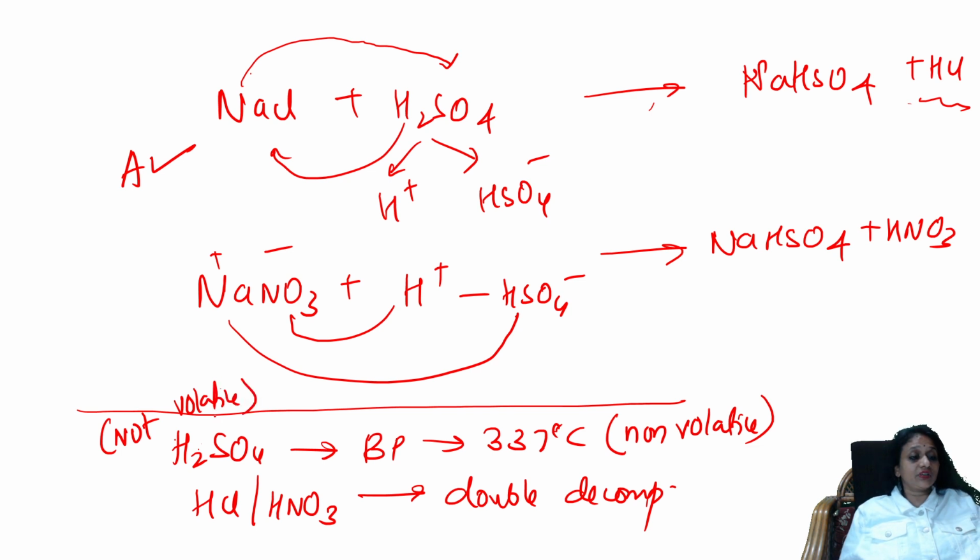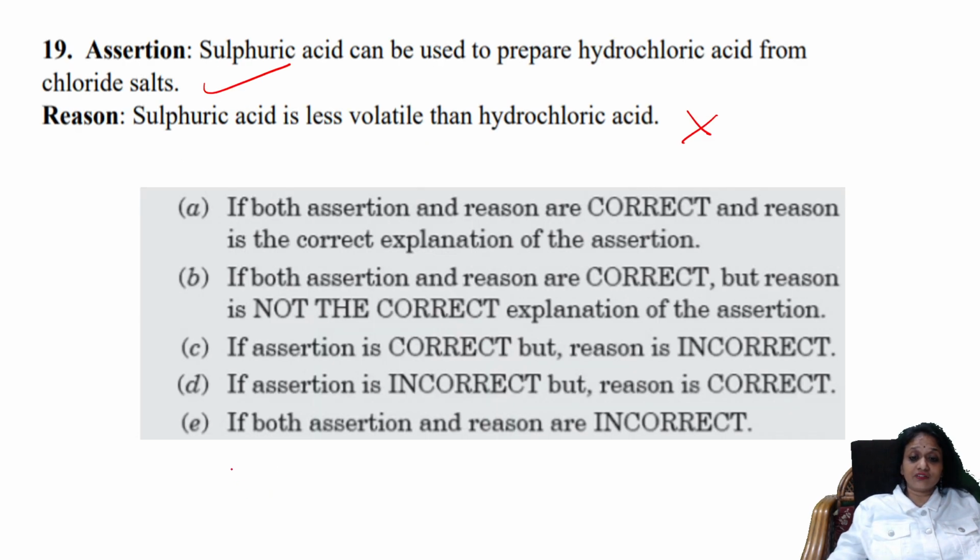They are talking about sulfuric acid being less volatile than hydrochloric acid, so basically this is also right. Sulfuric acid is less volatile because the boiling point is high, 337 degrees centigrade.